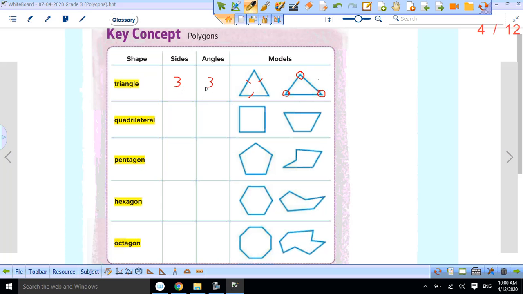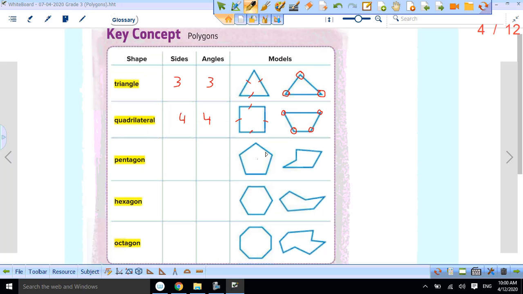So it has 3 sides and 3 angles, so it's called a triangle. This polygon has 1, 2, 3, 4 sides. How many angles? 1, 2, 3, 4. 4 sides and 4 angles is called a quadrilateral.